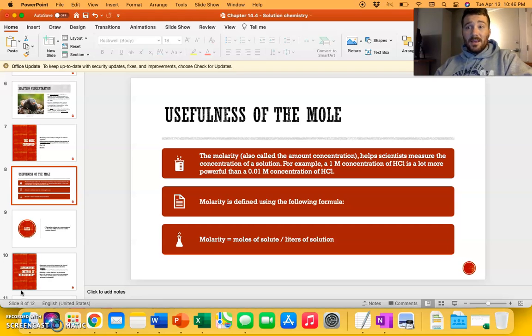Is this a highly concentrated hydrochloric acid, or a not so concentrated hydrochloric acid? It depends on the molarity, on the amount of solute that was added to the solution. And, of course, the higher the solute amount, the higher the molarity in the solution.